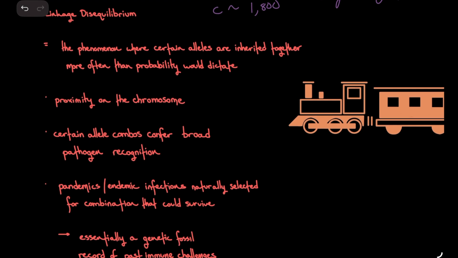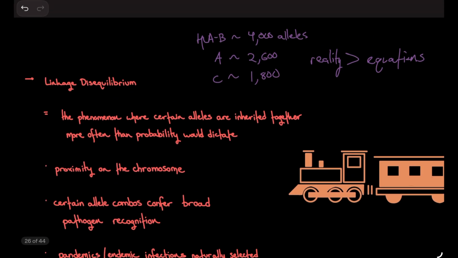Another factor is some of these combos are just better at antigen presentation. Some of them are just the most efficient bunch. So we see some of those HLA combos more often than others due to proximity and due to just efficiency.